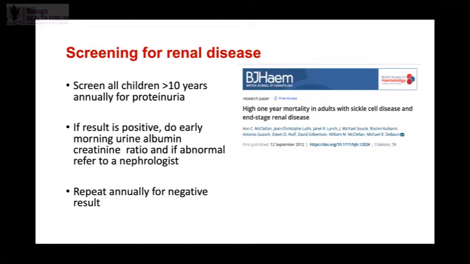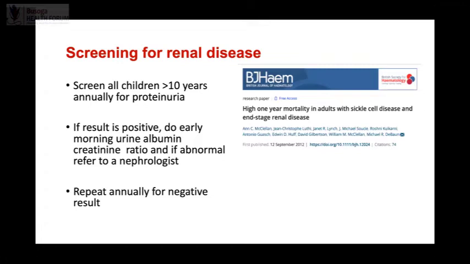Renal disease is one of the complications that kills adults very early. It starts early in life from the age of around 2 years, but rapidly increases from the age of 20 onwards and kills adults really rapidly. So the guideline for comprehensive care for sickle cell disease is to start screening children above 10 years for renal disease. Do a dipstick every year for proteinuria.